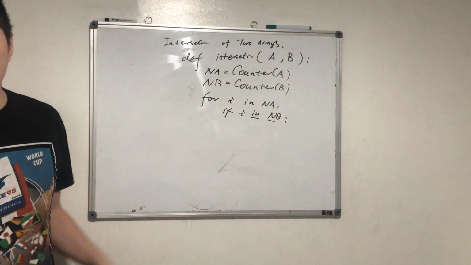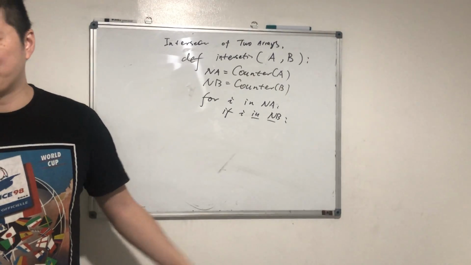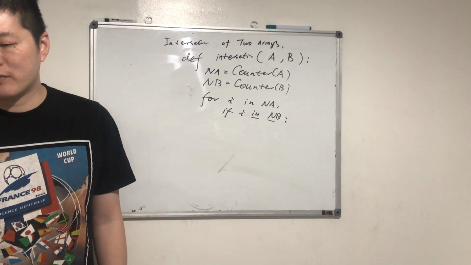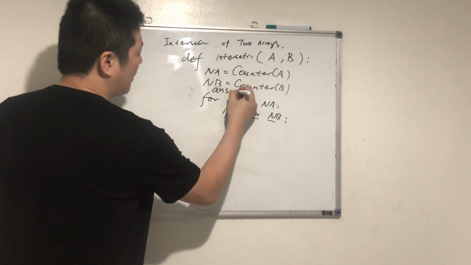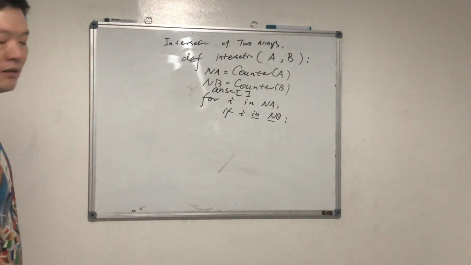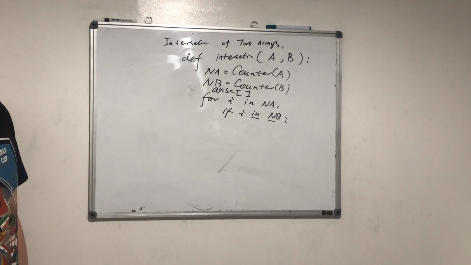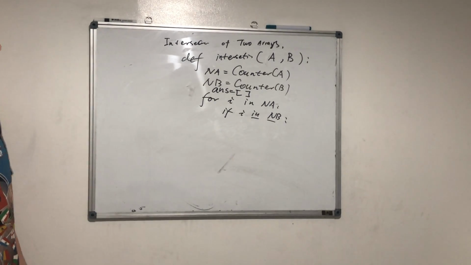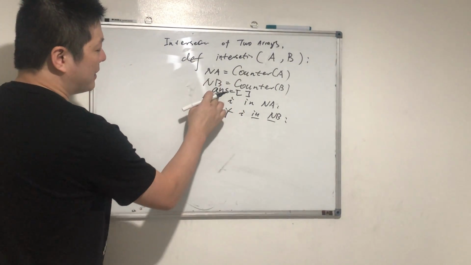If this number appears 3 times in the first array and 2 times in the second array, what do we do now? Pretend on one side they're halves and on the other side they're halves, and you're trying to make whole apples. So we want to put the common numbers, with duplicates, in this answer.